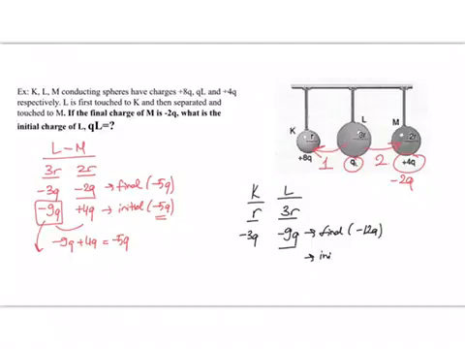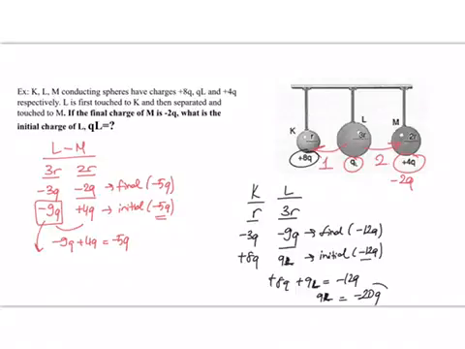So initially the total charge again should be equal to minus 12Q. The initial charge of K is equal to plus 8Q. So plus 8Q plus the initial charge of L should be equal to the total charge, minus 12Q. So L has a charge of minus 20Q.